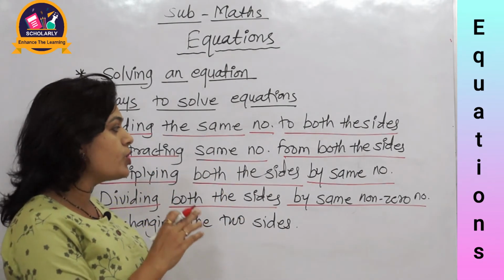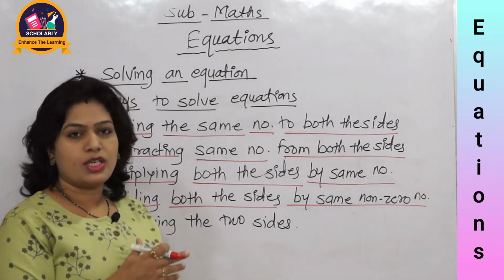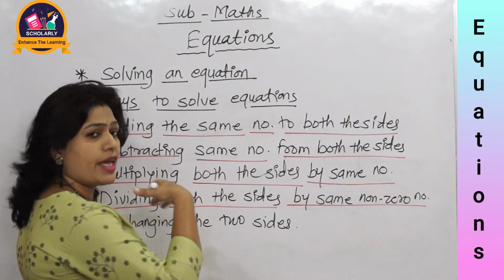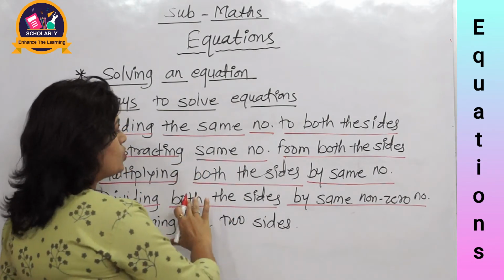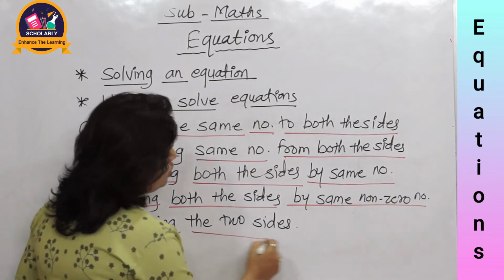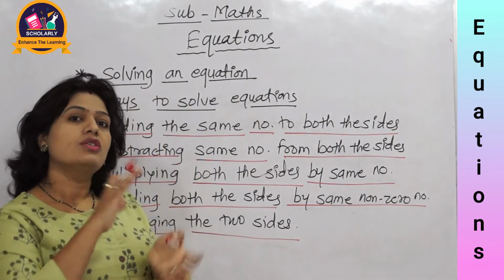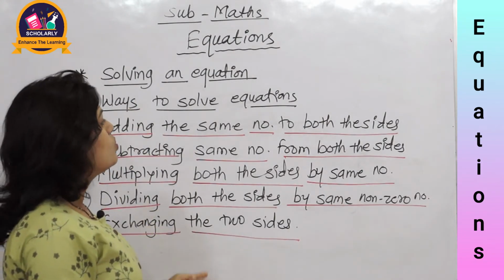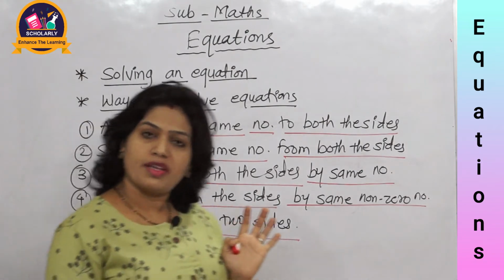That means the number should be non-zero, except 0. We can divide by any number except 0 to both the sides of the equation. And fifth one is exchanging the two sides. We can exchange the two sides of that equation for solving it.